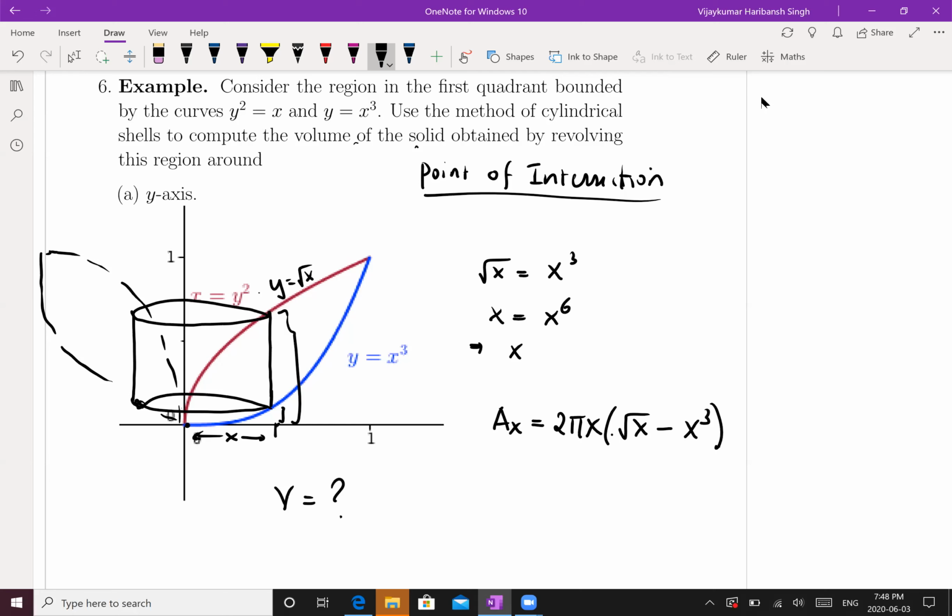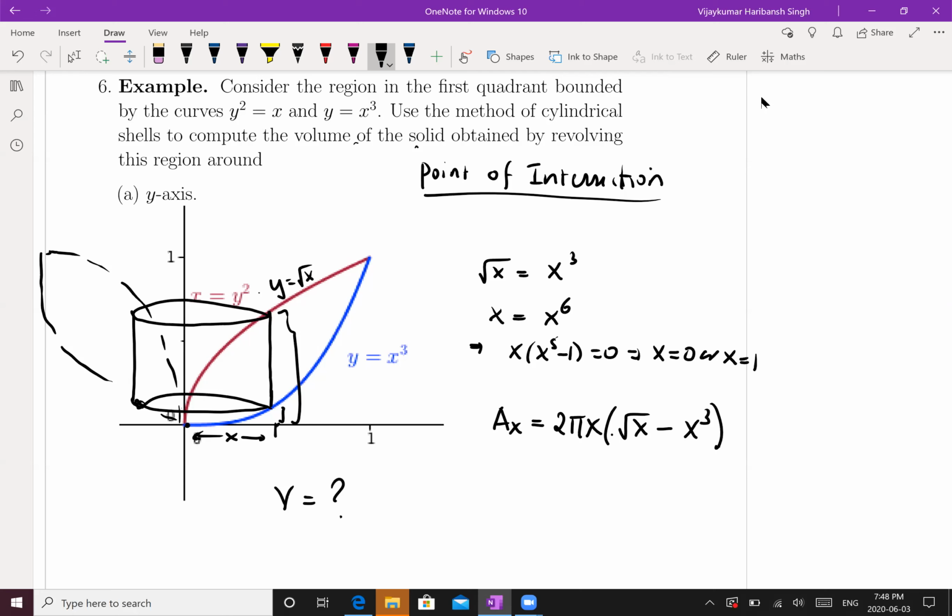This implies x minus x to the 6 equals 0, that is x times (1 minus x to the 5) equals 0. This means x equals 0 or x equals 1. The fifth root is a one-to-one function, so you'll only get one value. The other way to look at that is to factorize. You'll see that it has only one solution.